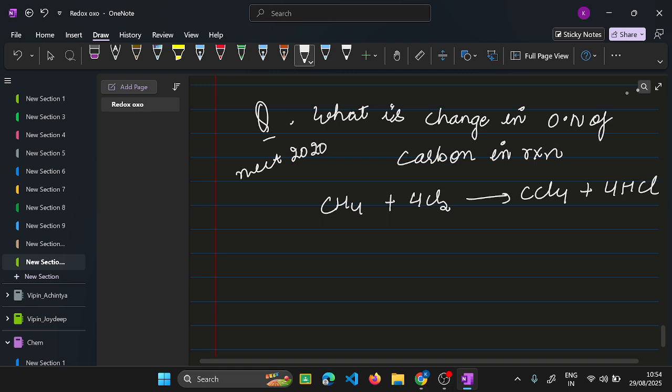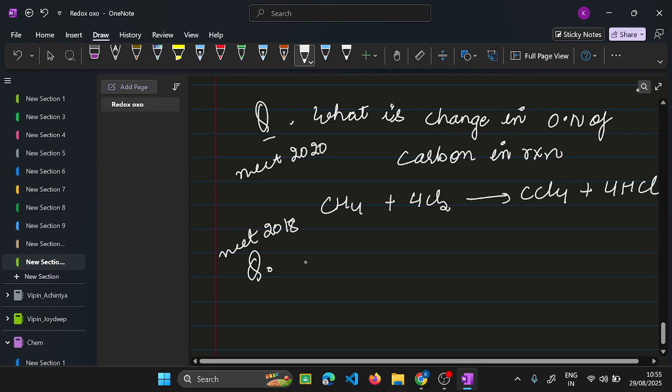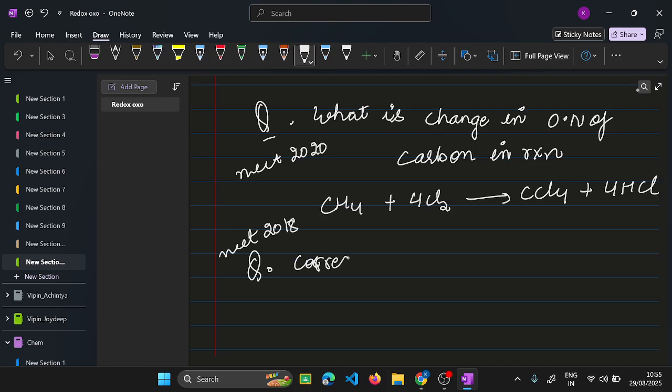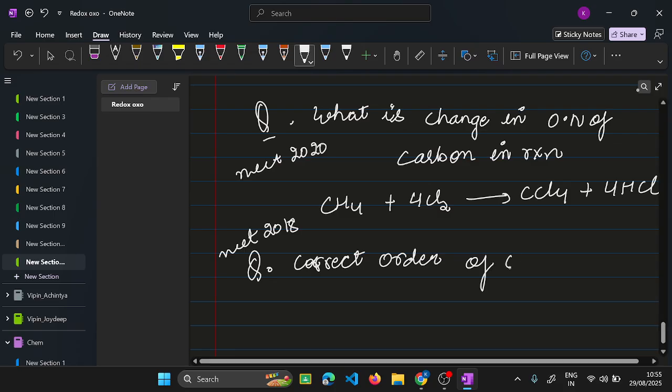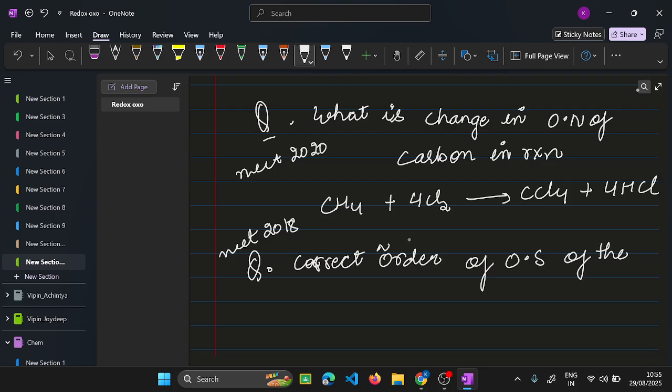After that, again the NEET 2018 question: the correct order of oxidation state of, increasing.